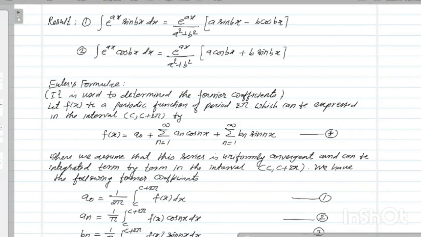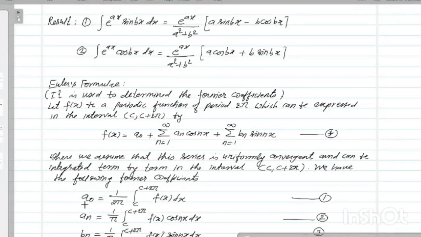Okay, now case number 2, if c equal to minus pi, then what happens? Here minus pi plus 2 pi becomes pi. So your interval becomes minus pi to pi. Your expression for the function is the same, but here the formula will be changed.